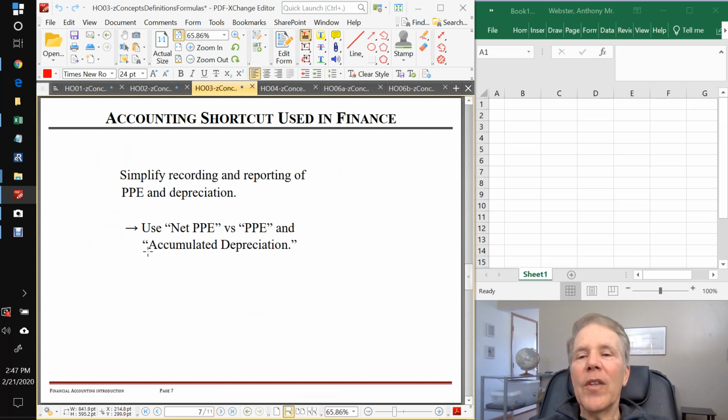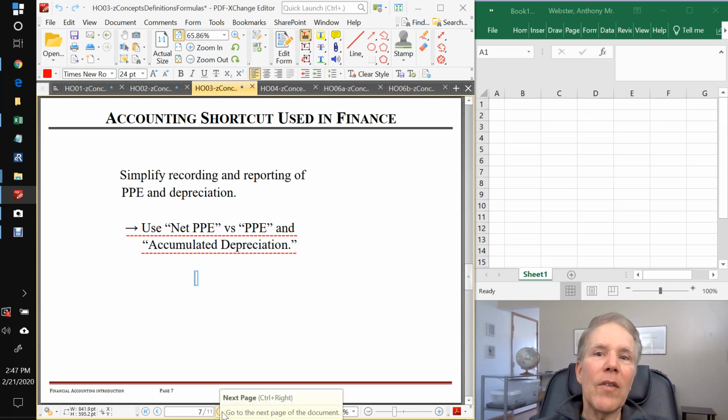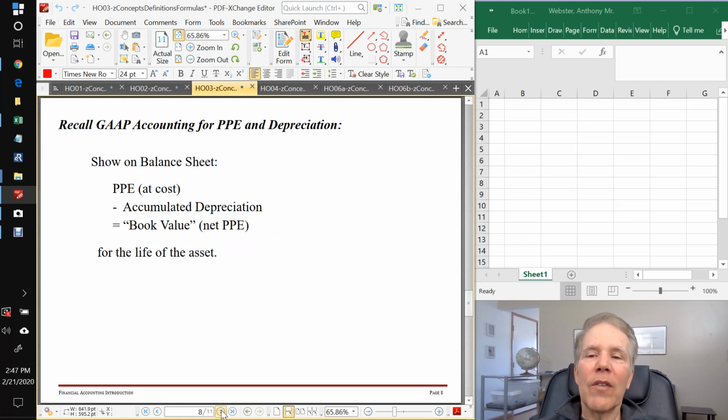And then the other thing that we've already started doing, but we'll be using with a lot of our models throughout the semester, is we're just going to use net PPE instead of PPE and accumulated depreciation. So it's a lot simpler. It's very much like, for those of you who have seen it, the way that amortization of a patent works, for example.